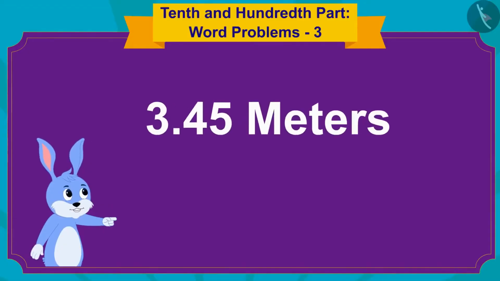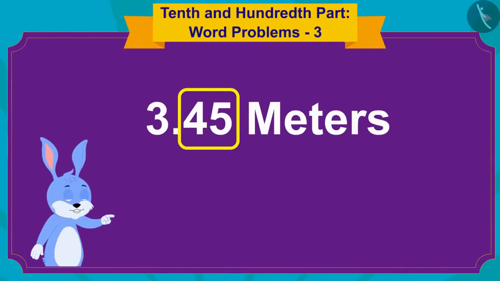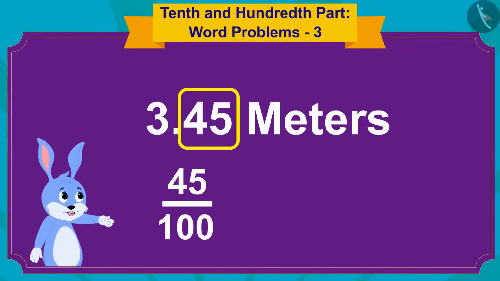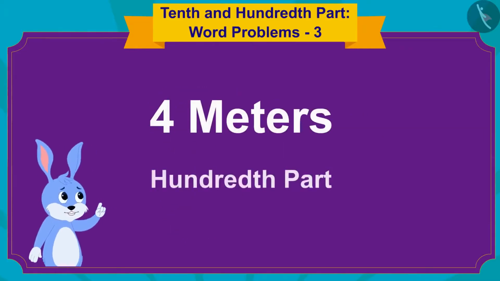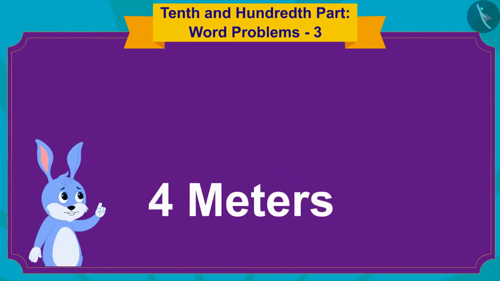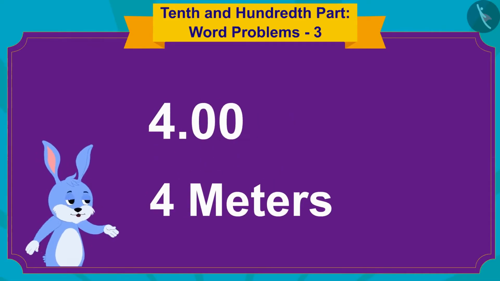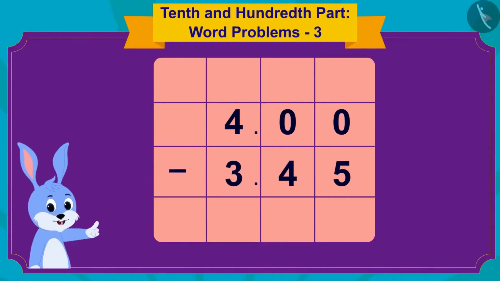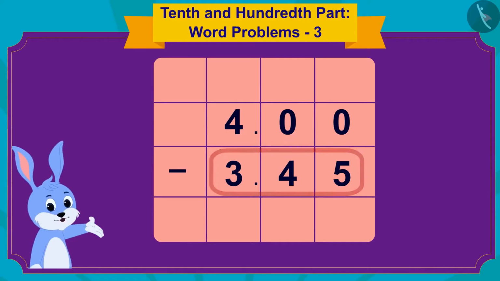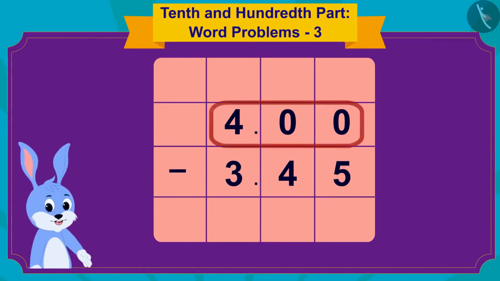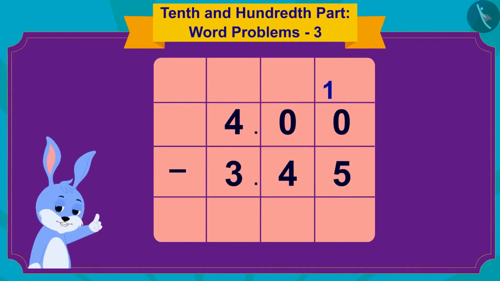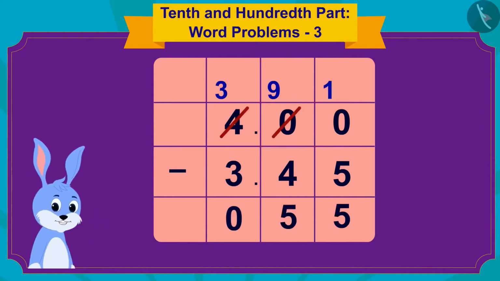In 3.45, 45 is the 45/100th part. But there is no 100th part in 4. So I can also write 4 as 4.00. Now I will subtract 345 from 400 first using this simple process of subtraction.